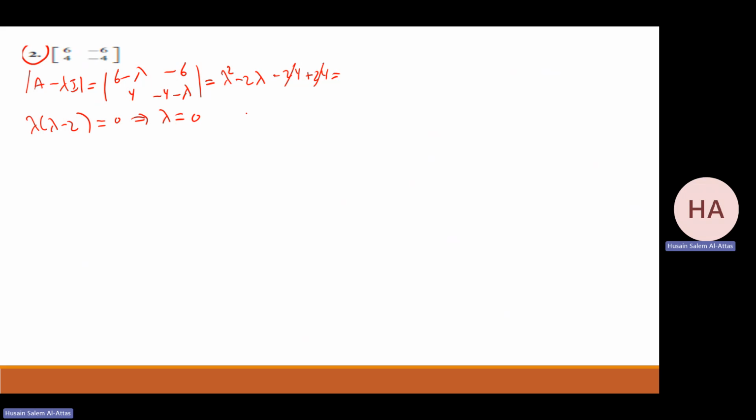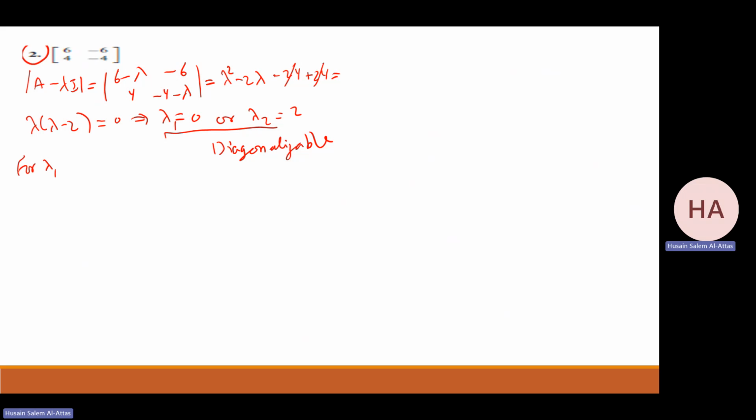So I have lambda 1 equals 0 and lambda 2 equals 2. So for sure the matrix is diagonalizable, since I have real and distinct eigenvalues.